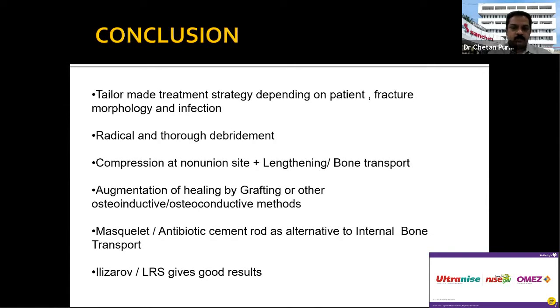The Masquelet technique, as I showed, and antibiotic cement rod also have their place for local antibiotic delivery to control the infections. And like we saw in all the cases, Ilizarov or LRS, depending on your choice or the type of injury, gives good results in the management of infected non-unions.